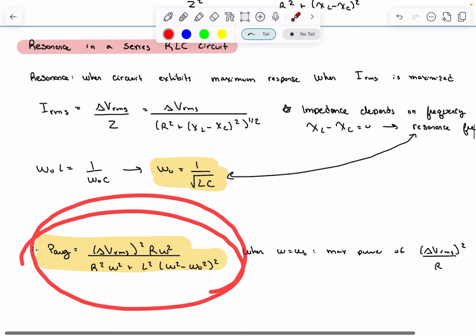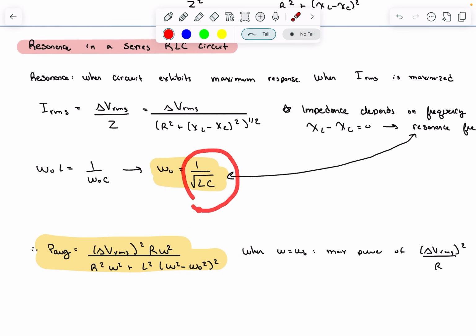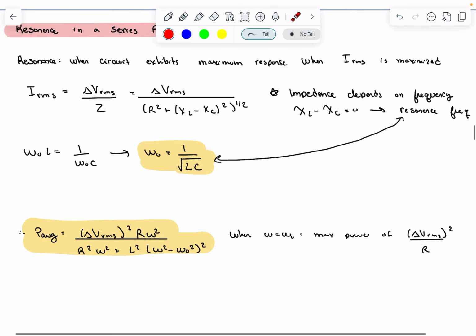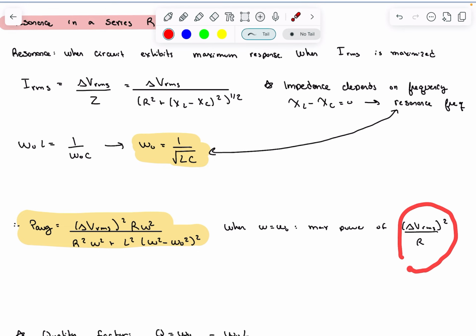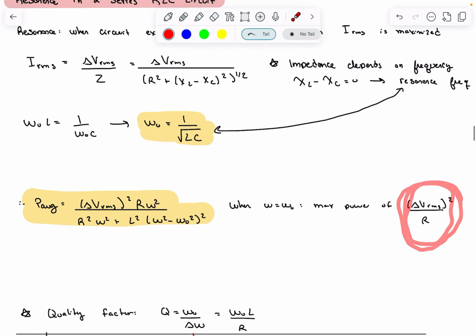So essentially, this omega naught was just 1 over square root of L times C, right? So in the equation, this was there, so then we can just replace it by omega naught. And then what we see is that when omega, our frequency, is equal to our resonant frequency, we have a maximum power being delivered to our circuit with a value of delta V RMS squared over R.